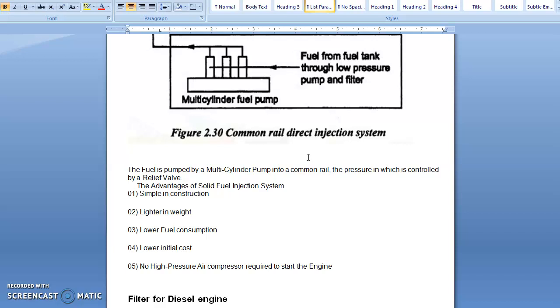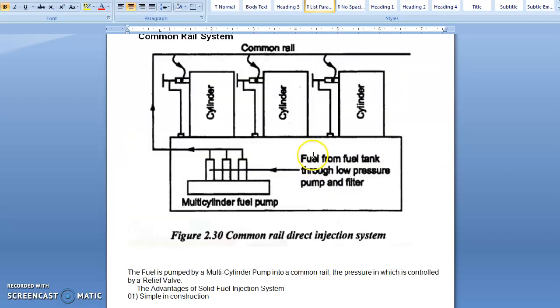The advantages of solid injection over air blast injection are: simple in construction, lighter in weight, low fuel consumption, lower initial cost, and no high pressure air compressor required to start the engine. So these are some advantages if you compare it with the air blast injection.